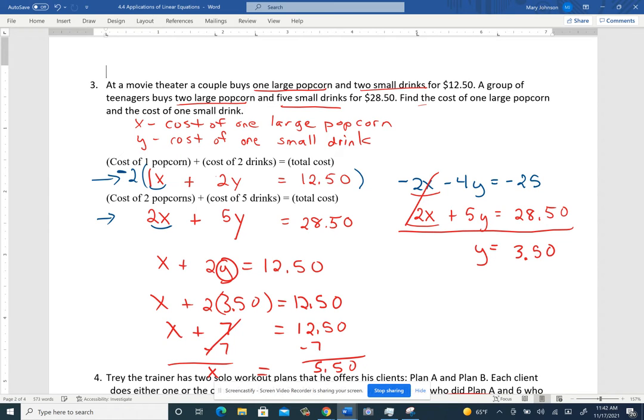And then you need to interpret what's what. So you have to go back up and look at what your x was. Your x was the cost of one large popcorn.